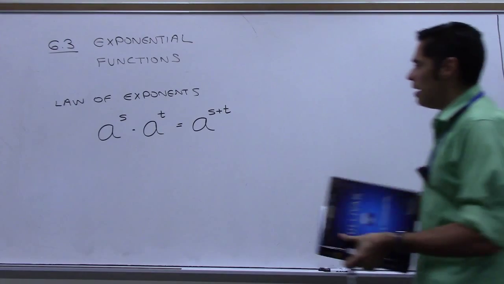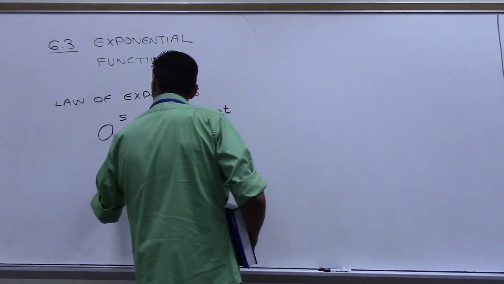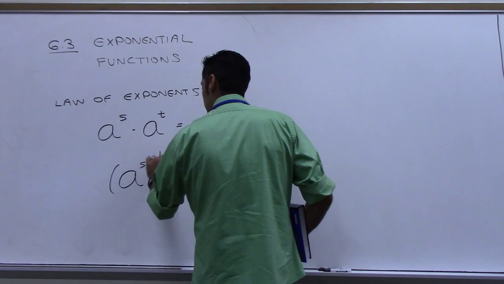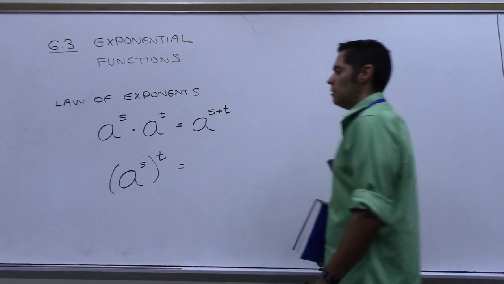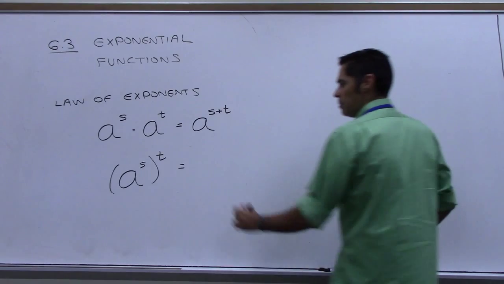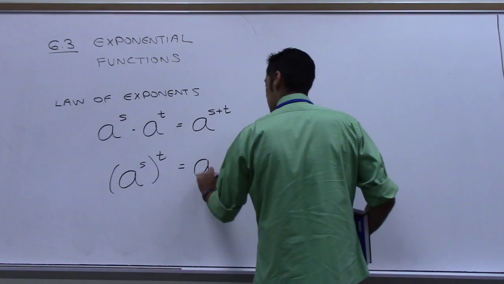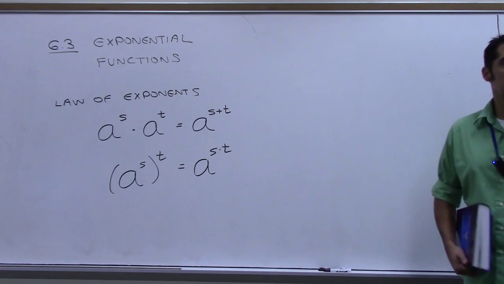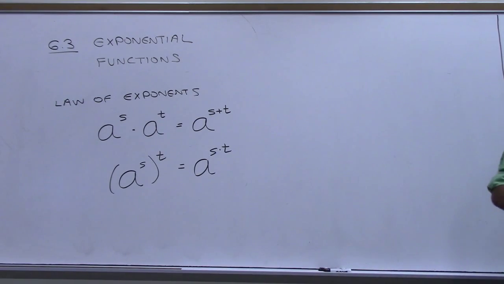That's different than this, which would be a base raised to a power and then raised again to a power. In that case, you multiply the two exponents, the s and the t, together. So a to the s times t. All of these laws that I'm giving you are things that you've probably worked with in the past. It's just maybe been a while.